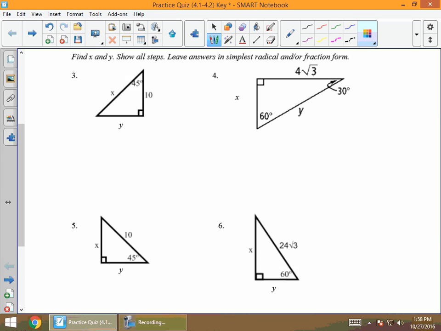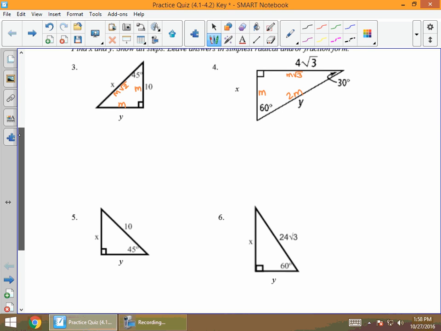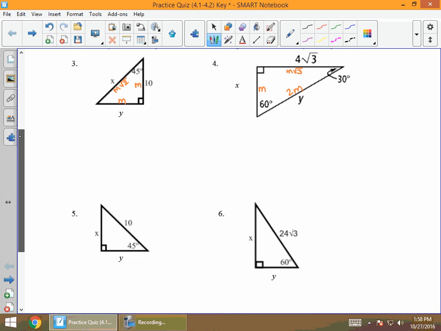Number 3 is a 45, 45, 90, which means that the legs are both m, and the hypotenuse is m radical 2. Number 4 is a 30, 60, 90, which means the short leg is m, the long leg is m radical 3, and the hypotenuse is 2m. Number 5 is another 45, 45, 90, so it's going to be the same thing.